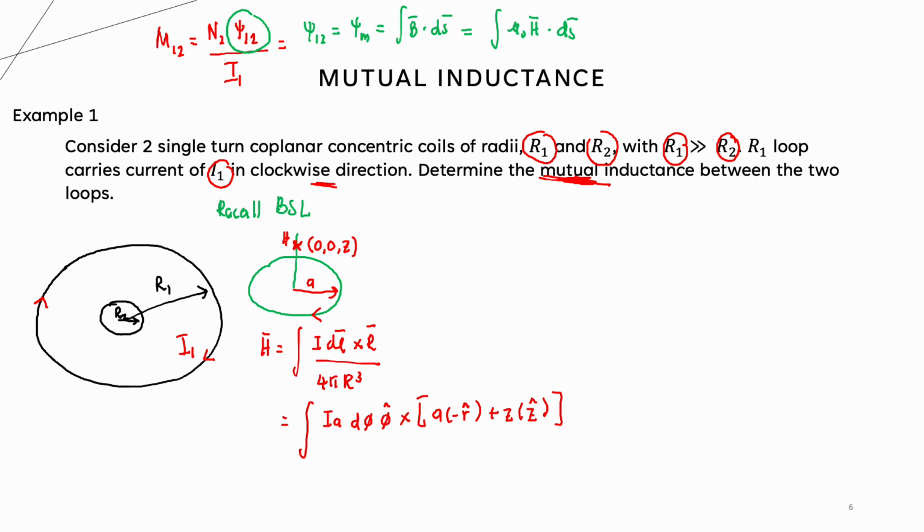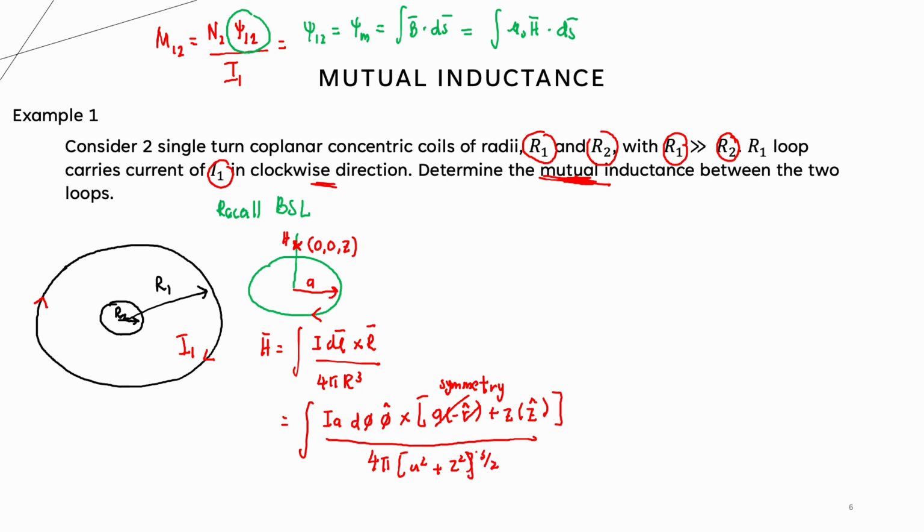The r component can be ignored later due to the symmetry effect. This is divided by 4 pi, a squared plus z squared, to the power of 3 over 2.